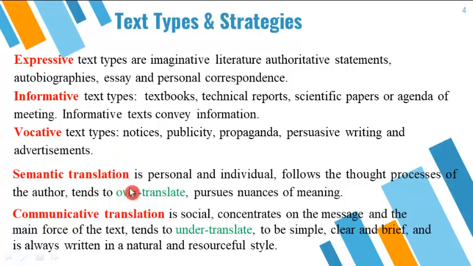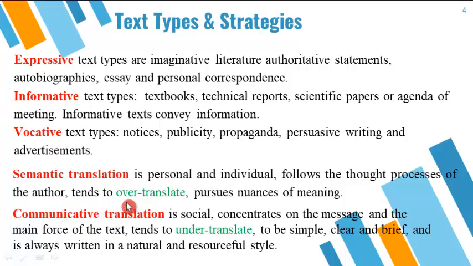So the first one is semantic translation. That is over translating. It means following the thought processes of the author bit by bit and giving much detail. In this strategy, we focus on the source text.